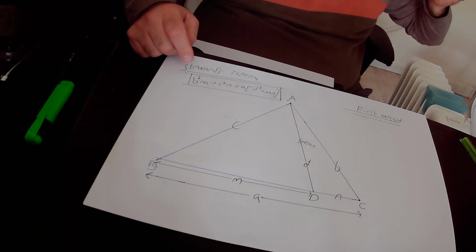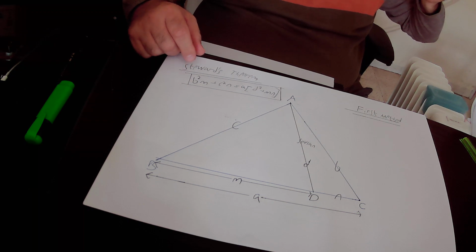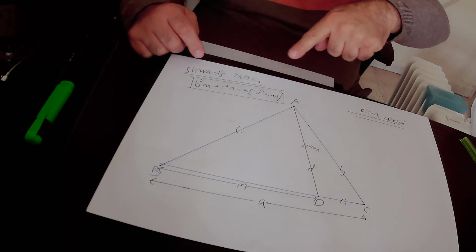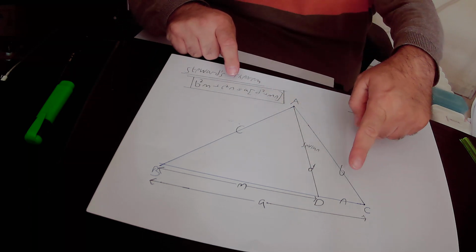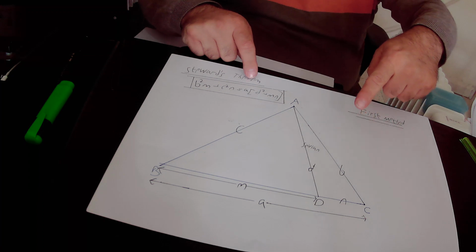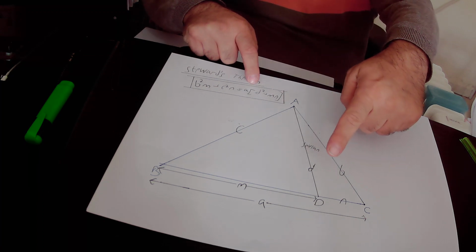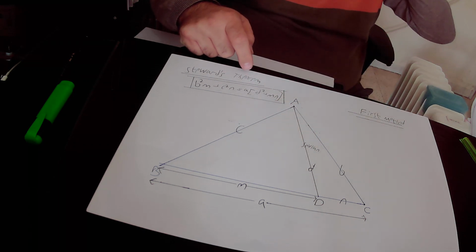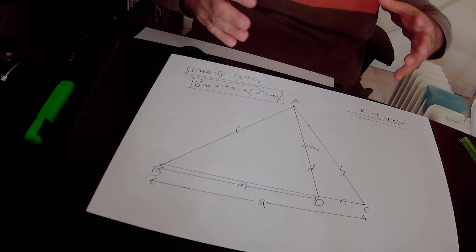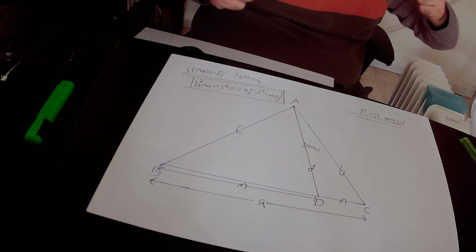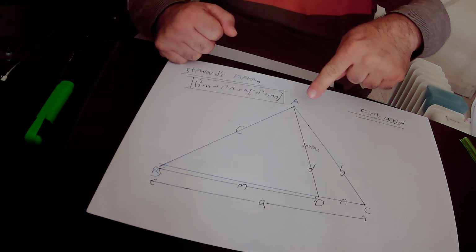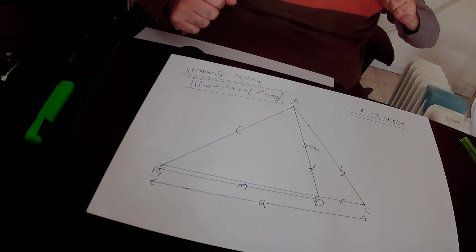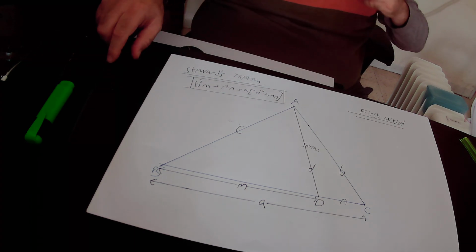According to Stewart's theorem, b squared m plus c squared n equals a, and in the brackets we have d squared, the length of the cevian squared, plus m times n. Okay, so we have a relationship between the lengths of the sides in the triangle and the length of the cevian AD.